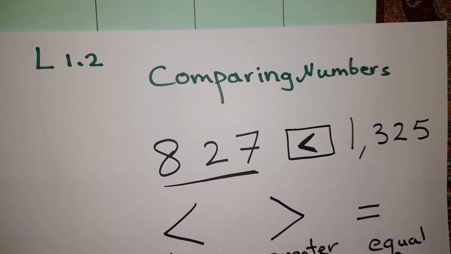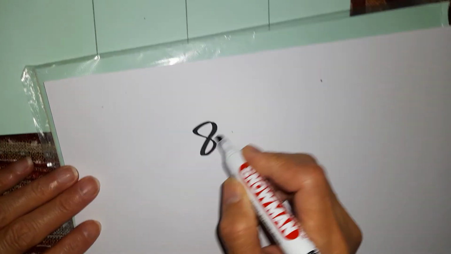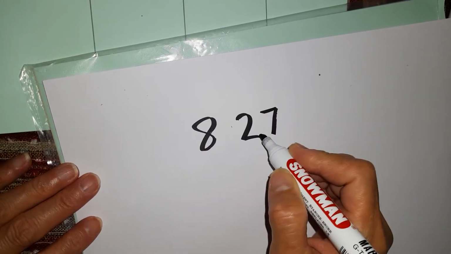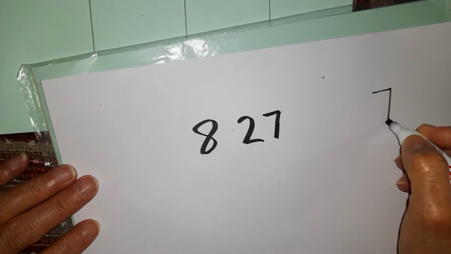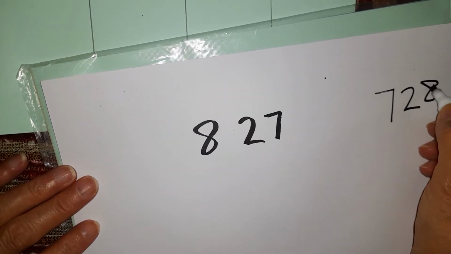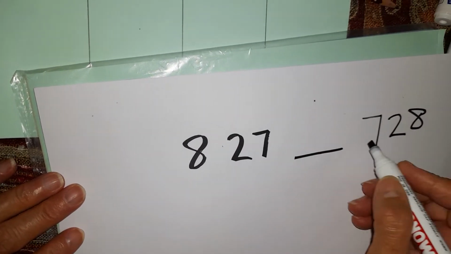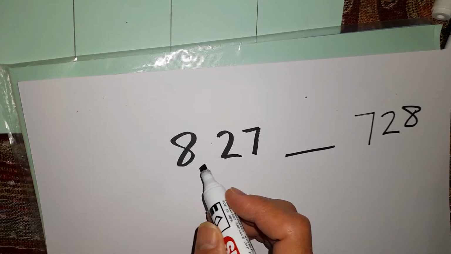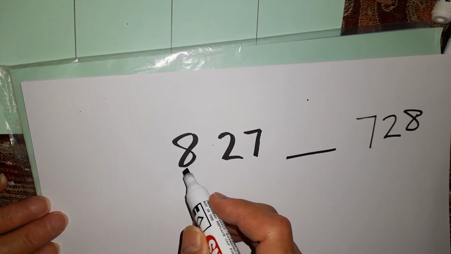What about if I have two numbers and they have the same number of digits? For example, 827 with 3 digits and here 728, both of them have 3 digits. What should I do? I should go to the biggest place value. It's the hundreds.